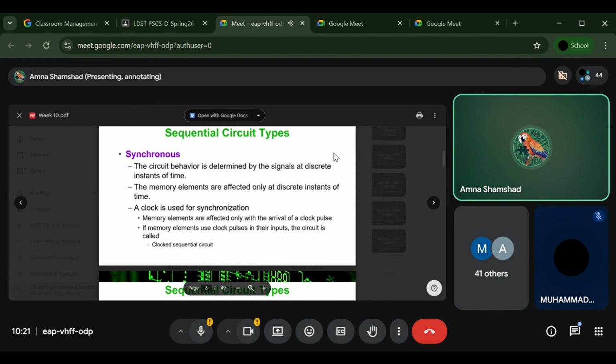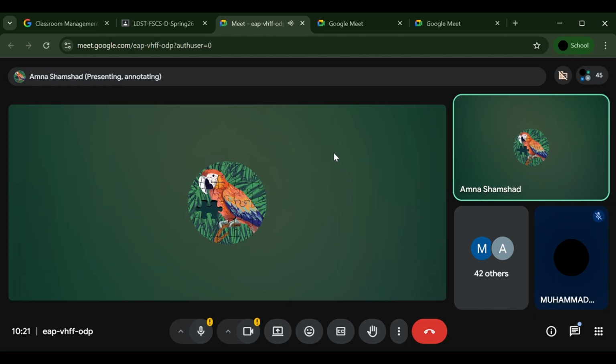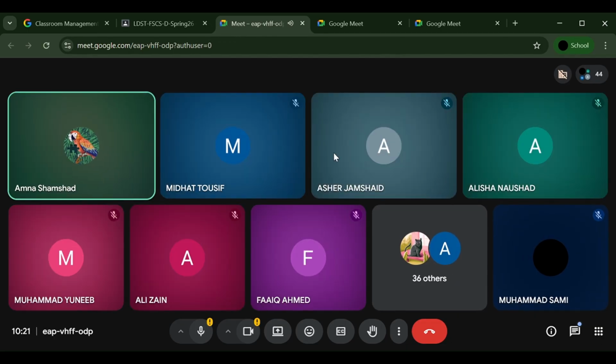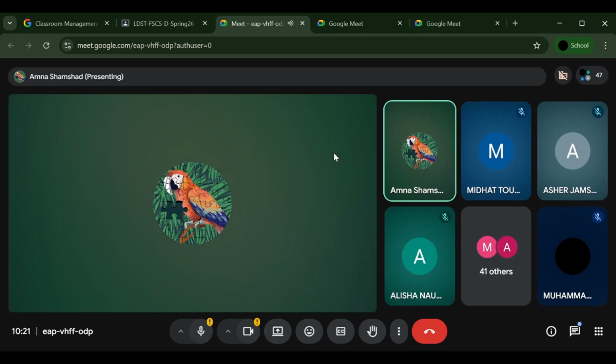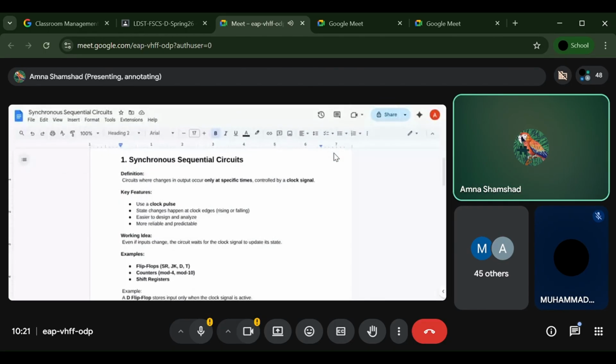First, we have a detailed look at synchronous and asynchronous, then again coming back to the types and other details.